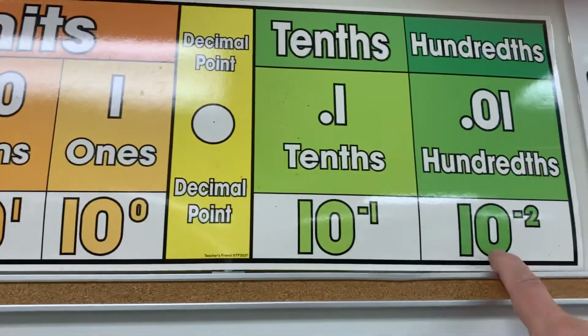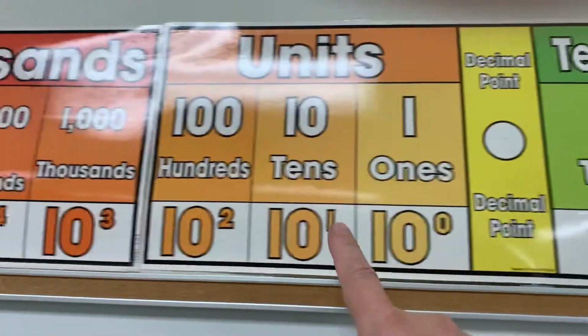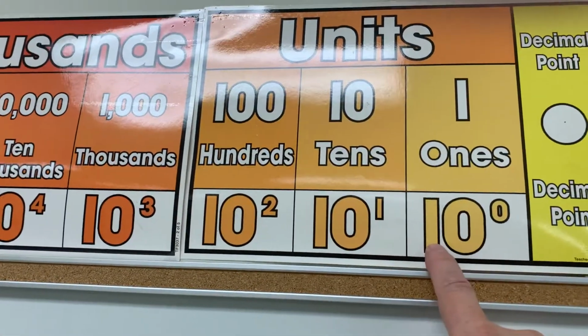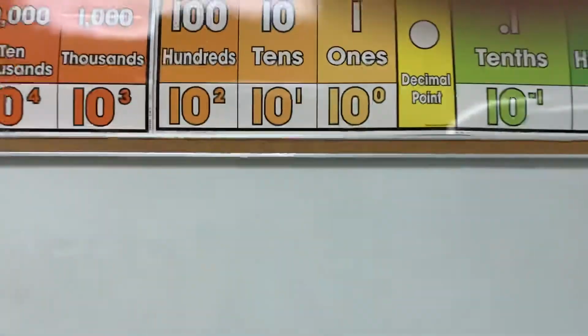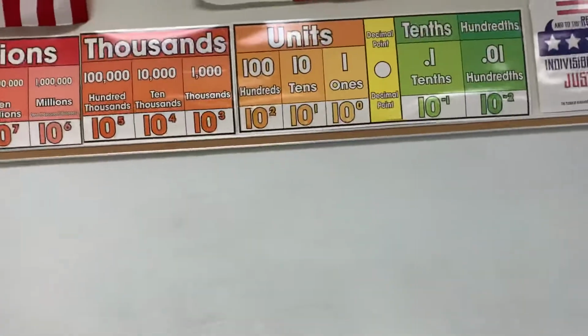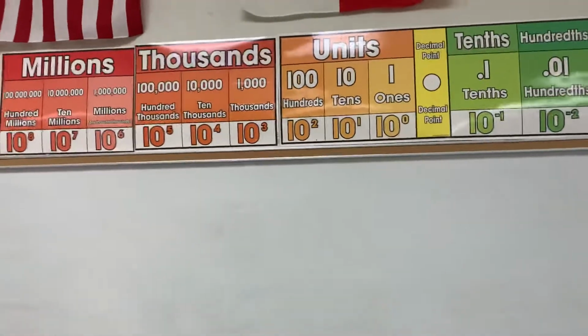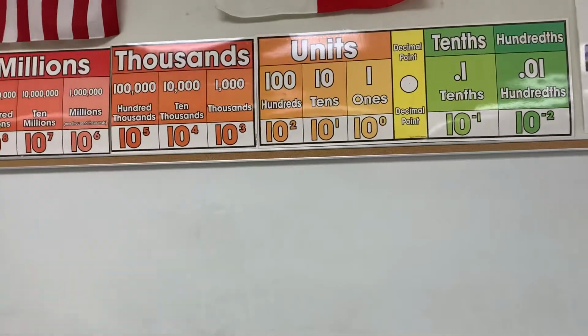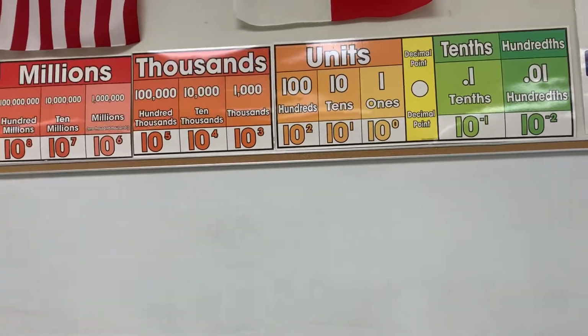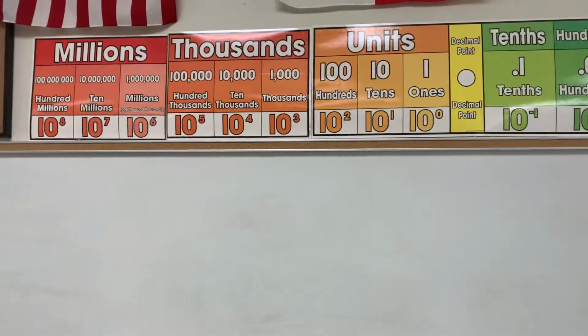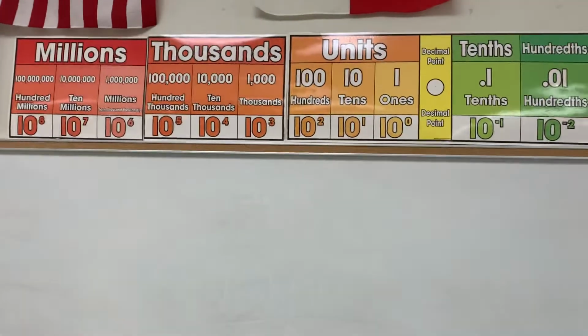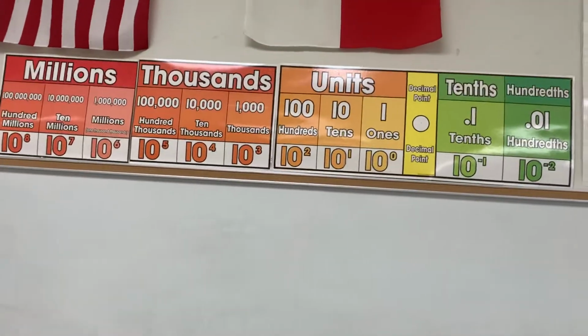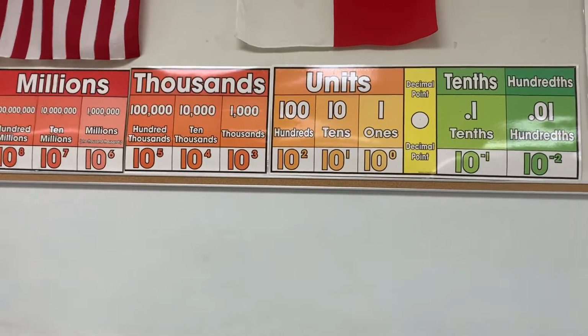So if you have 100 of the pennies, that equals $1. Okay? So class, I hope this helps you a little better understand tenths and hundredths. And we learned about this already this year. This is just a review.